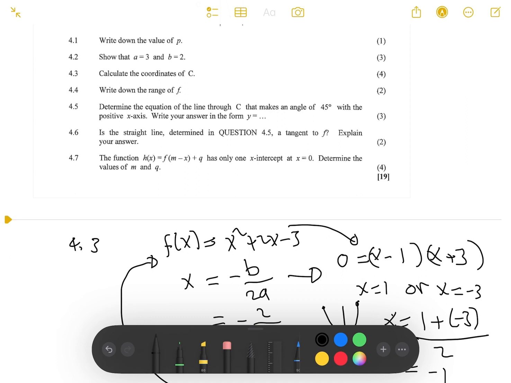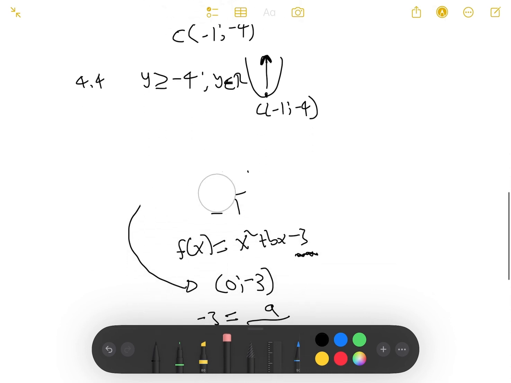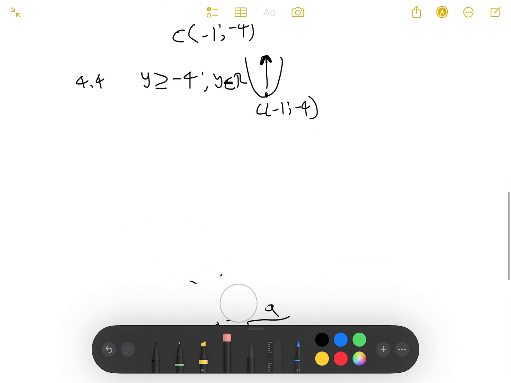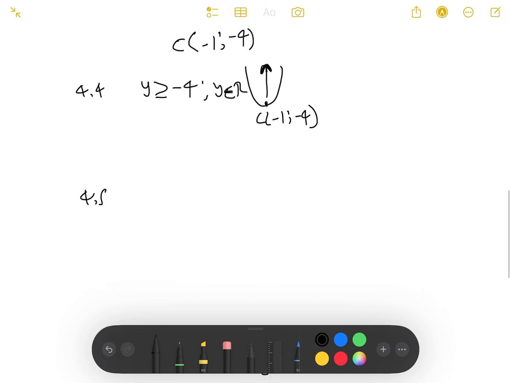And then 4.5, they say determine the equation of the line through C that makes an angle of 45 degrees with the positive x-axis. Write your answer in the form y equals. Okay. Yeah, so I'm just going to do that now. Okay, so 4.5, let me just draw this here now so you can see.